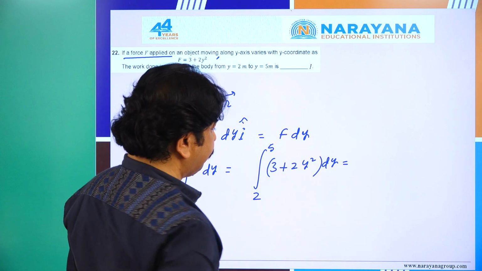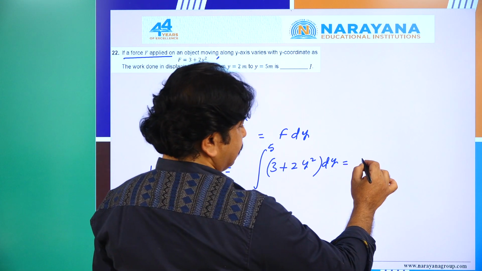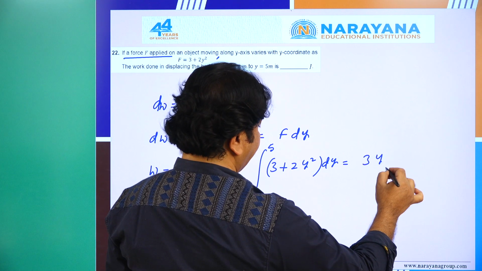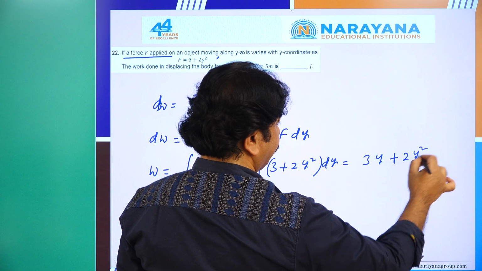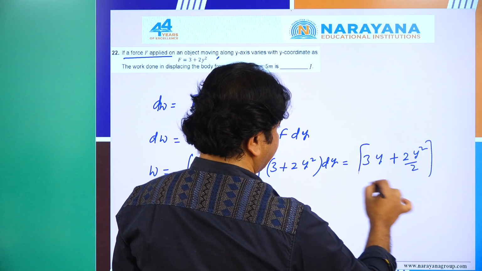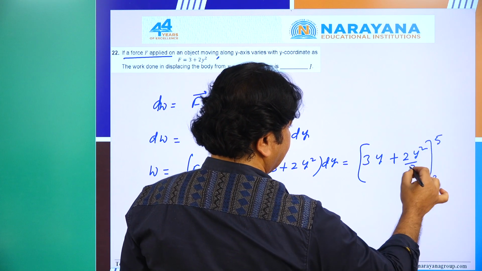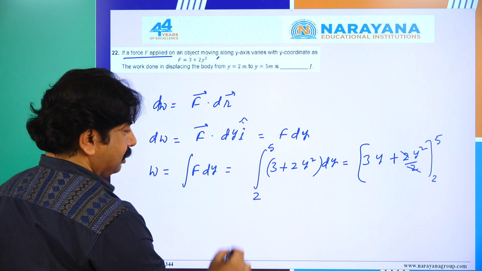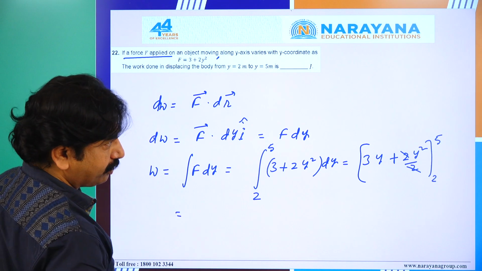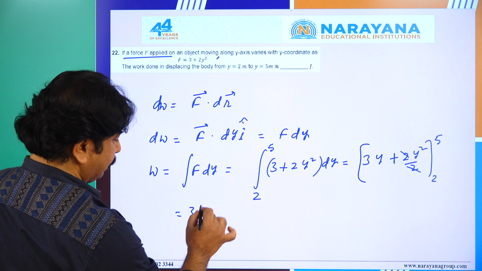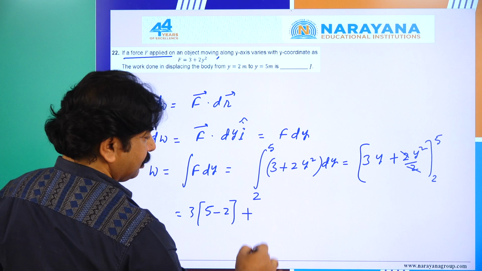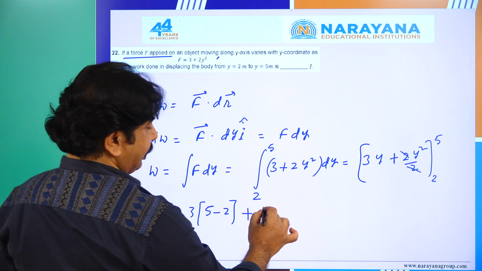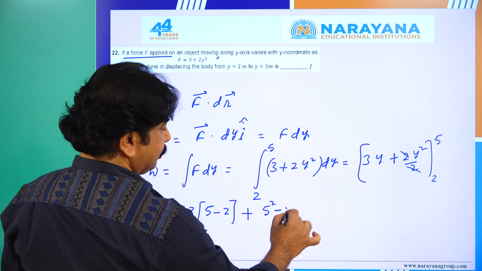The integration of this is 3y plus 2y square by 2, with limits 2 to 5. The 2 gets cancelled already. So the final answer is 3 into (5 minus 2) plus (5 square minus 2 square).